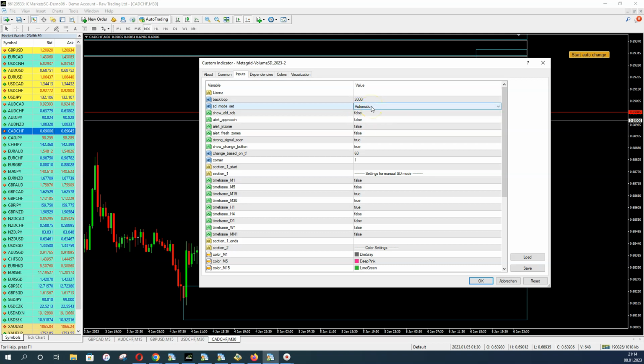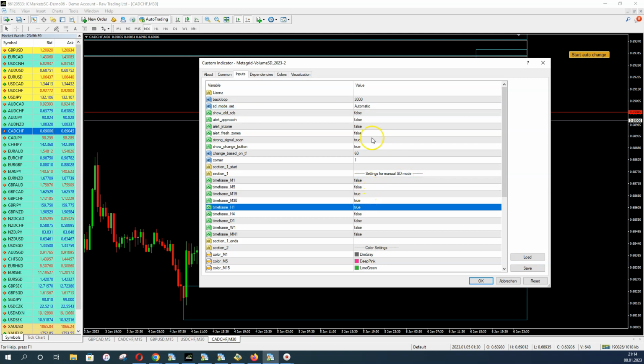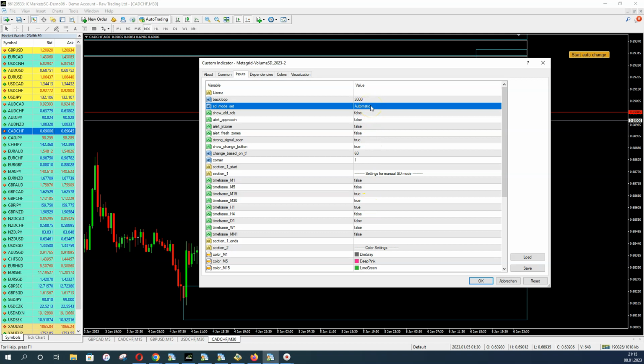In the automatic mode, the same happens. The indicator makes a multi-time frame analysis, but it selects the time frames for you. You don't have to select the time frames manually like here, but the scanner shows you the supply and demand zones which fit best for the time frame you are on.